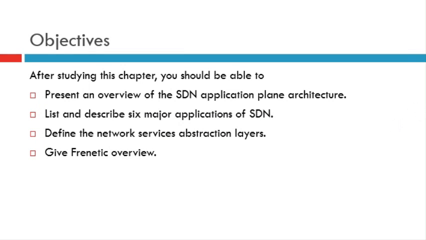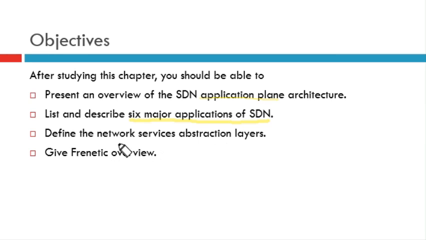So the objective of this lecture is to present an overview of the SDN application plane architecture. We focus on the application plane, and after that, list and describe 6 major applications of SDN. We will discuss what these 6 major applications are.